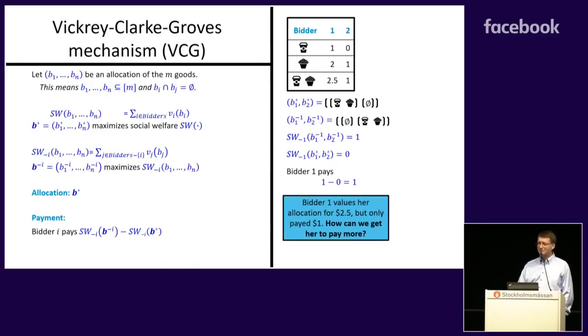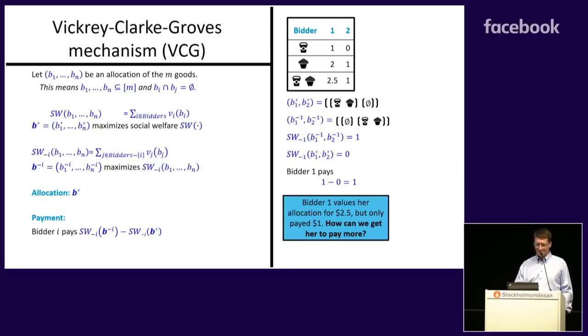Now, you might see the problem here. Bidder 1 values her allocation at $2.50, but only paid $1. So somehow this smells bad. It smells that we're not maximizing revenue. I'm not saying that you would ever be able to extract the whole surplus, the sum of the bidders' values. But this just seems low, right?